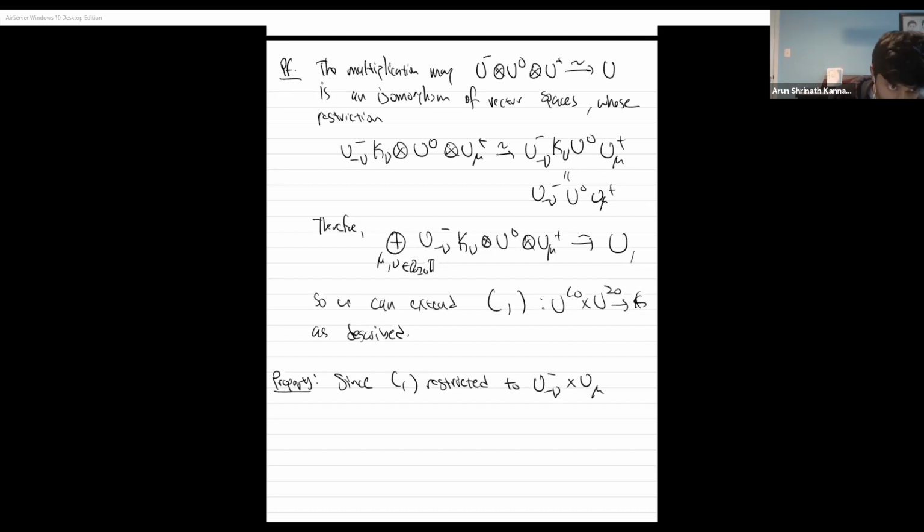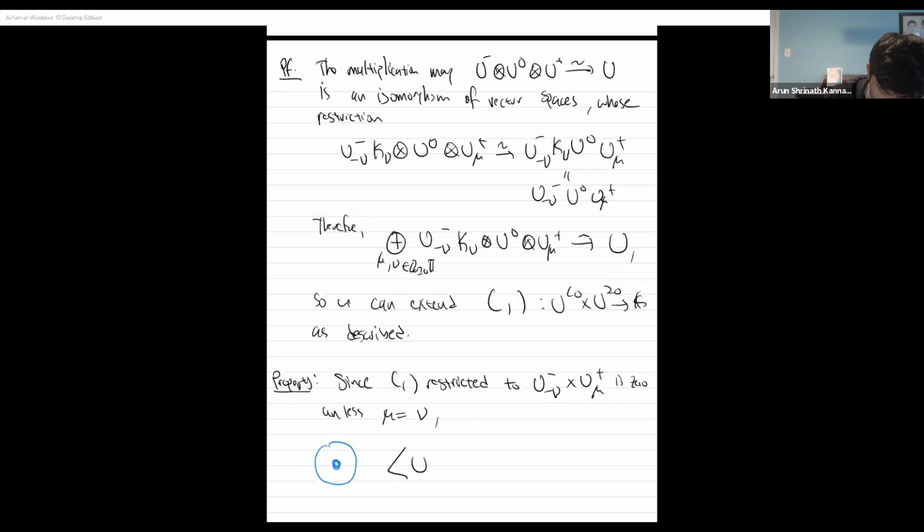U mu plus 0 unless mu equals nu. I'm going to denote this relation here as a blue circle with a dot in it.